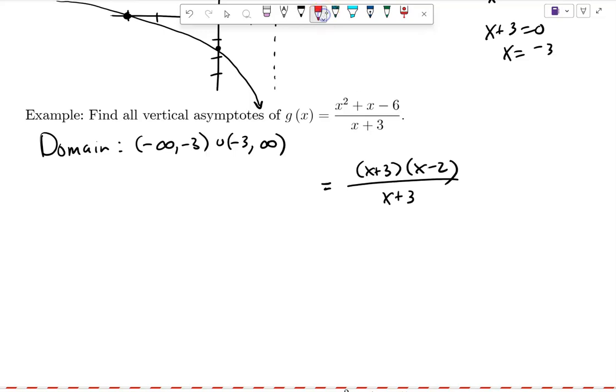Yeah, it looks like the x plus 3's go away, right? So this is equal to x minus 2 so long as I don't put in negative 3, right? Notice that the original function was not in lowest terms, okay? So I'm going to write that down. Original function was not in lowest terms.